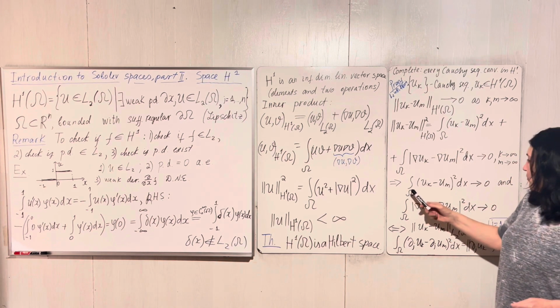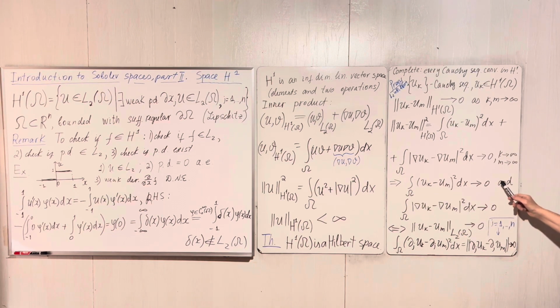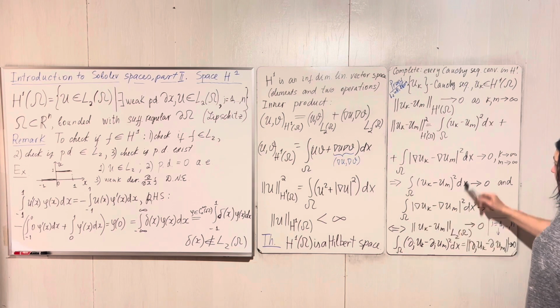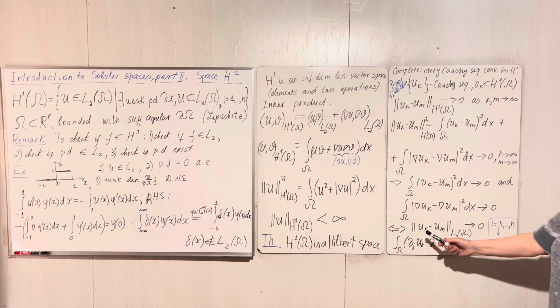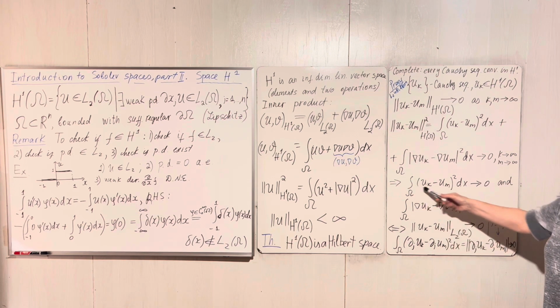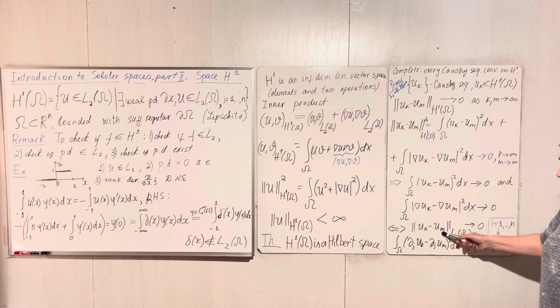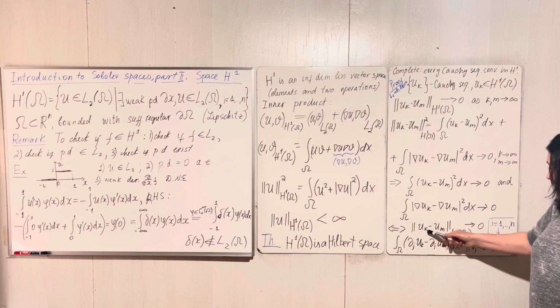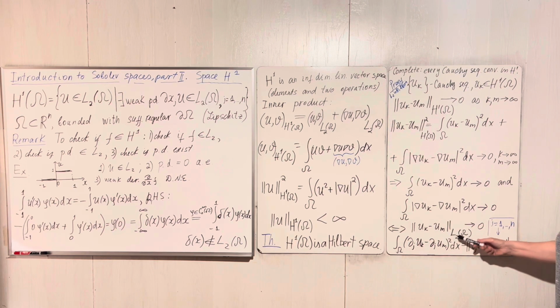So it follows that the first integral goes to 0, and the second integral goes to 0. And then from this first line we can say that the norm of this difference uk minus um in L2 goes to 0.